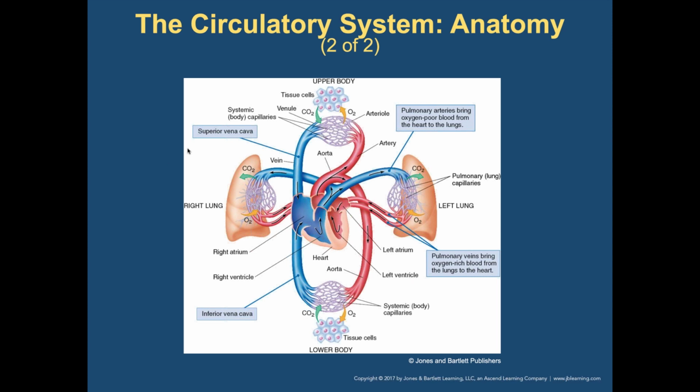I'll be honest with you, I don't remember the name of the valve that leads to the coronary arteries, but it's a very, very strong valve. I don't think it's AV because that typically means atrioventricular, which would be one of the other two valves. But I'll get that and let y'all know. I'm not sure. I have to Google it, to be honest with you. I don't remember what it's called.